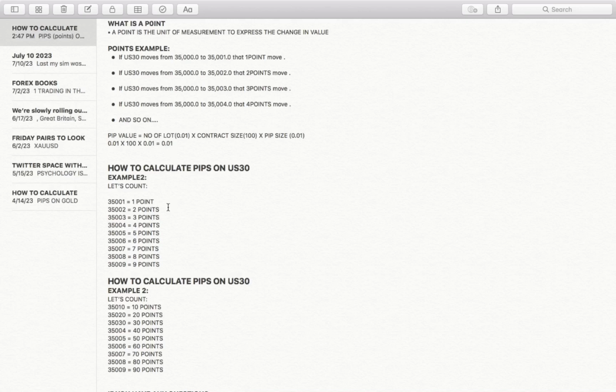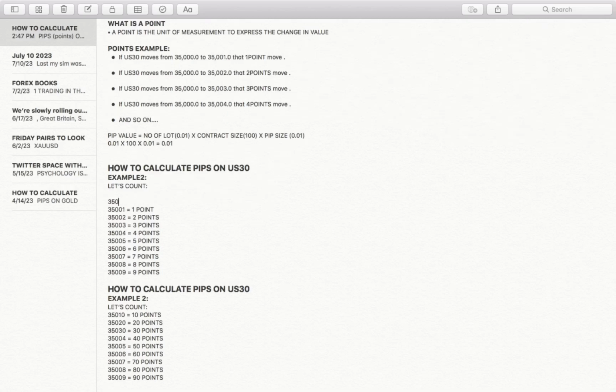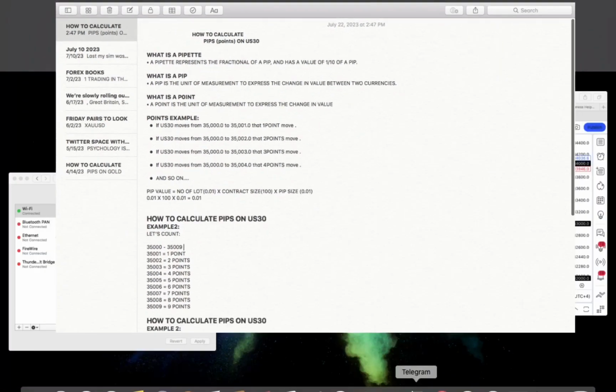It means that if I have a 9 points move like this, maybe I bought US30 at 35,000 for instance, and it was able to move from 35,000 to 35,009. That's a move of 9 points. So all I have to do is multiply 9 times this, which will give me 0.09.